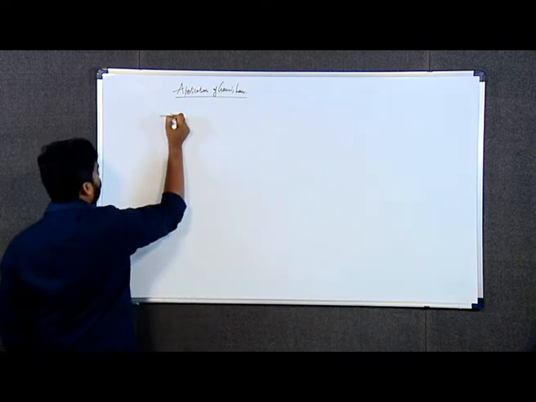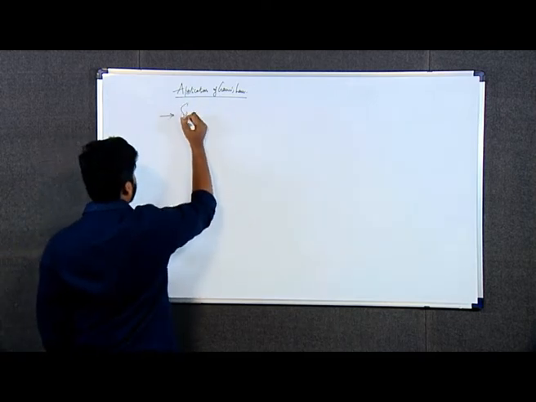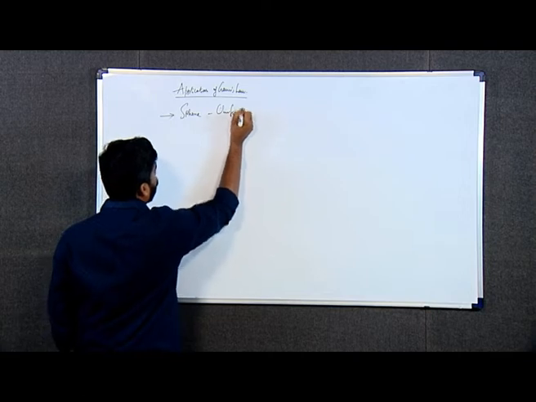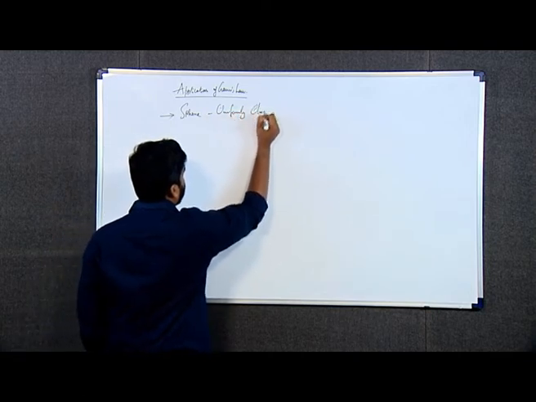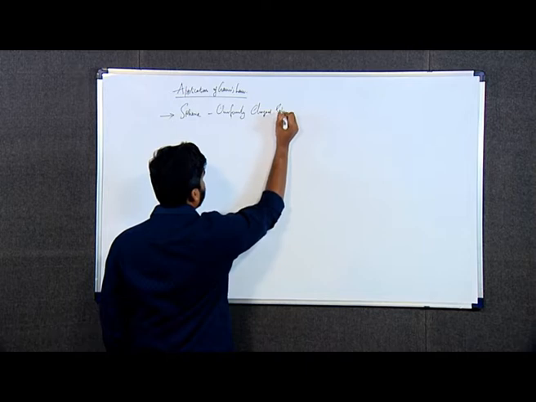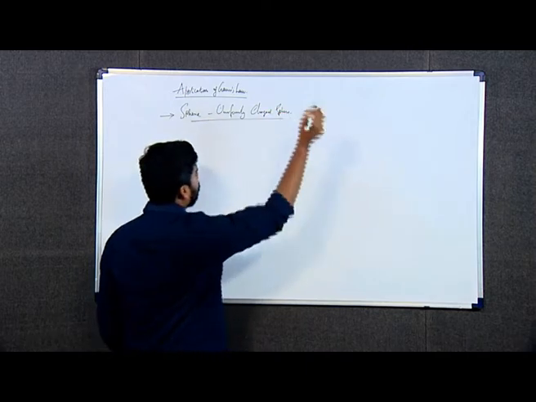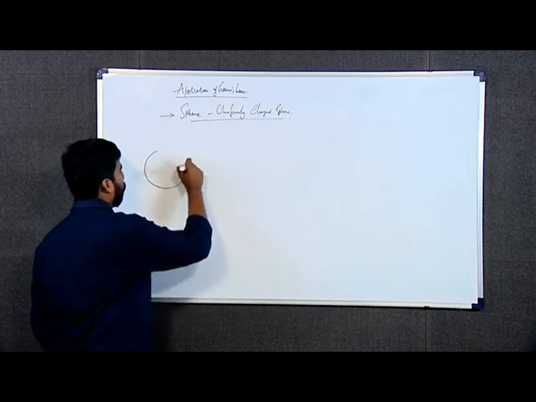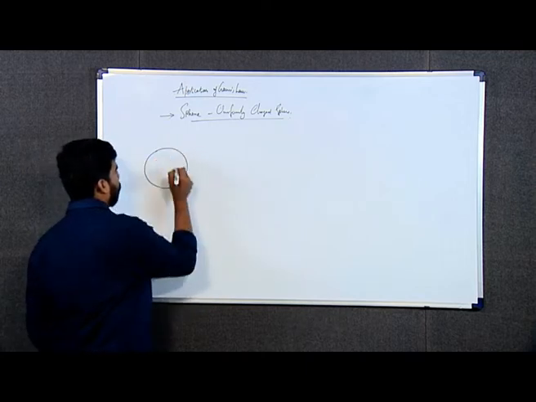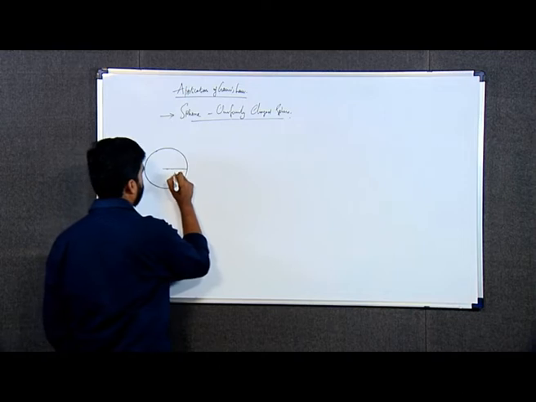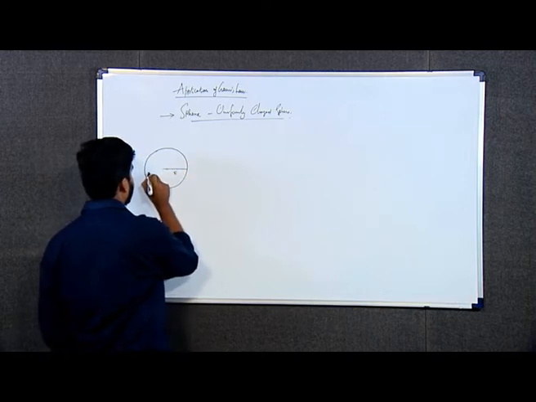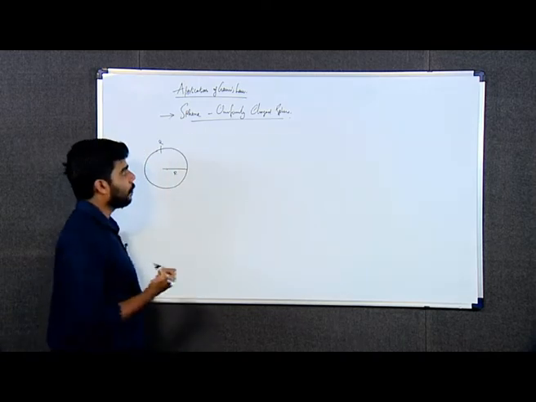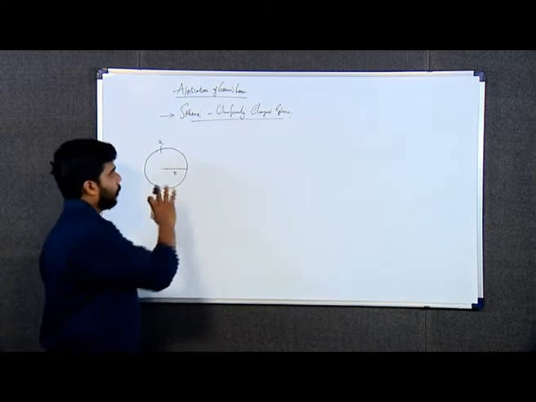First of all, we will consider a uniformly charged sphere. Consider a sphere of radius r in which charge is uniformly distributed with charge density rho.